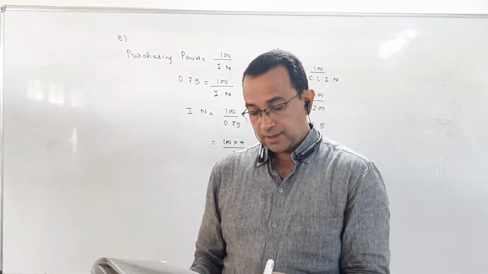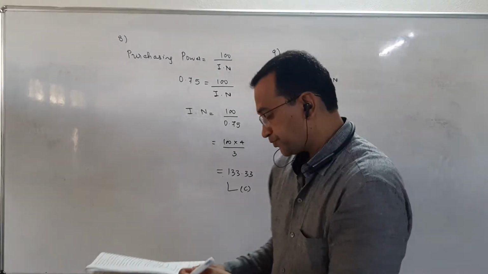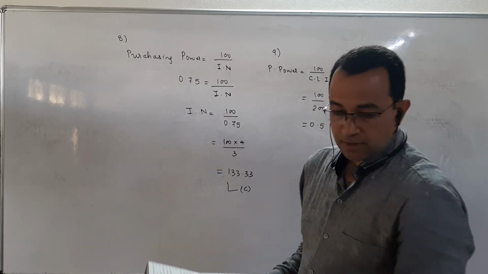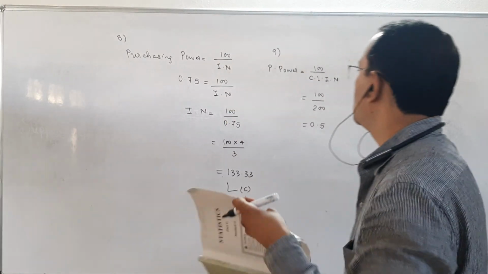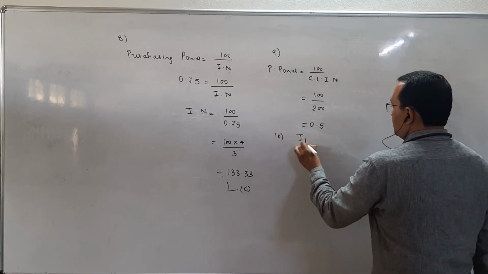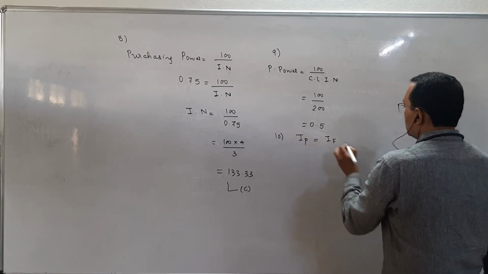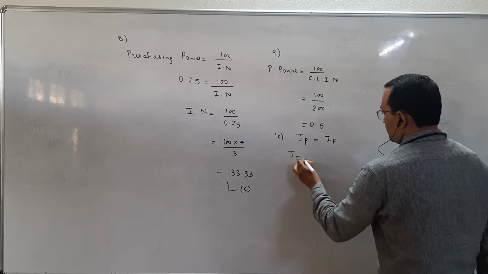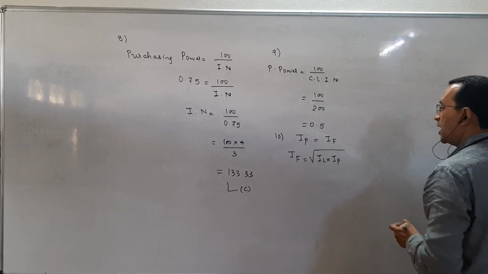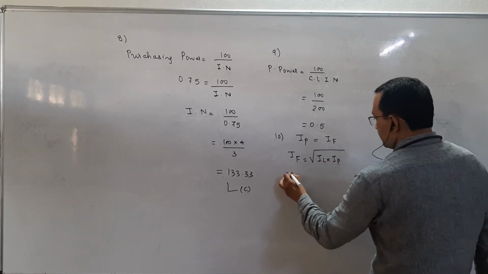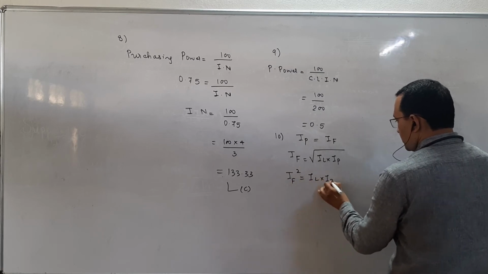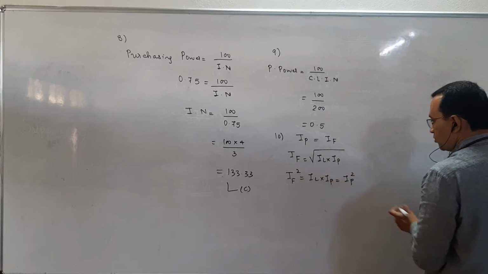Now 10. If IL is equal to IP, then which of the following statements is true? Okay, students. 10. IP is equal to IF. Now all of you know IF is equal to root of IL into IP. So IF square will be equal to IL into IP, and that is equal to IP square according to the given.